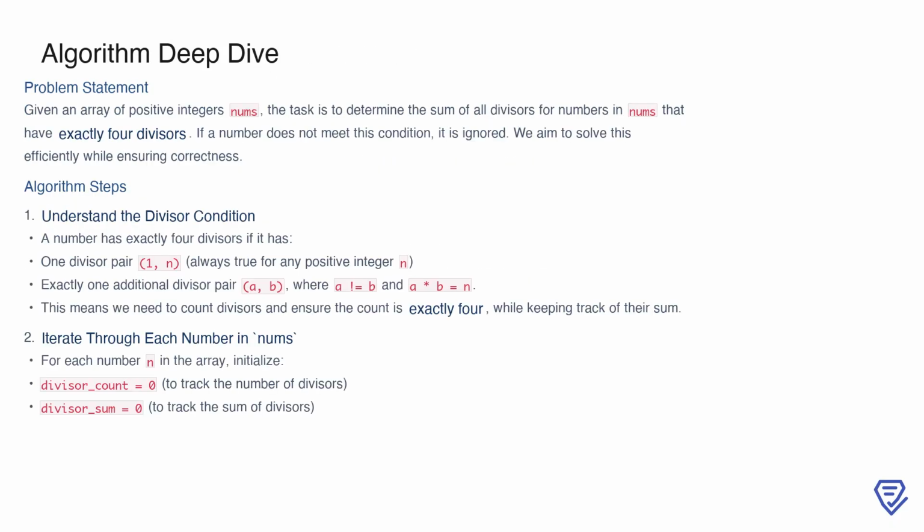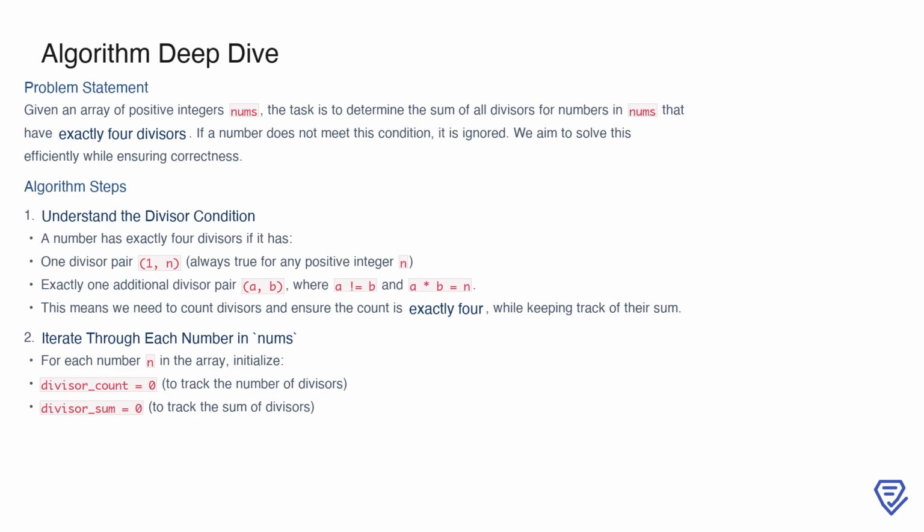To solve this problem, we need to calculate the sum of all divisors for numbers in the array nums that have exactly 4 divisors. First, let's break down the condition. For a number to have exactly 4 divisors, it must satisfy 2 criteria: it always has the pair of divisors 1 and the number itself, and it must have one additional distinct pair of divisors, say a and b, such that a*b equals n.